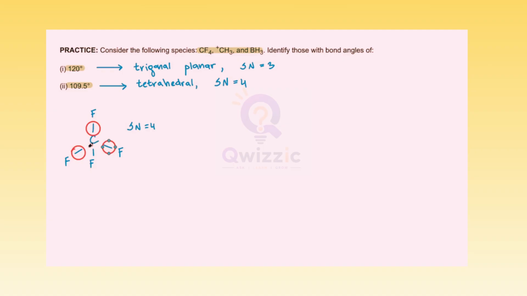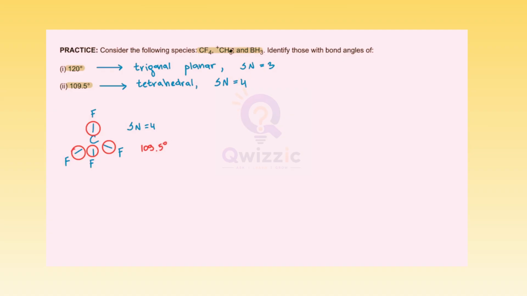This gives us a steric number of 4, and we know that a steric number of 4 corresponds to tetrahedral geometry, so that means we would expect bond angles of 109.5 degrees.